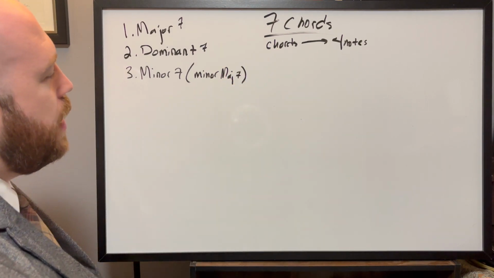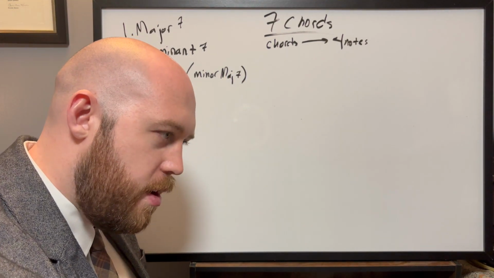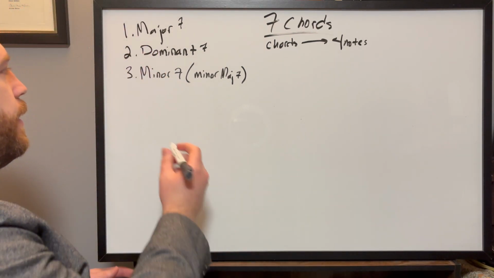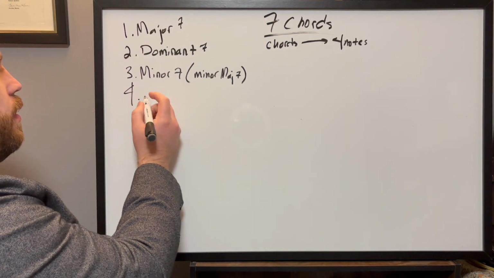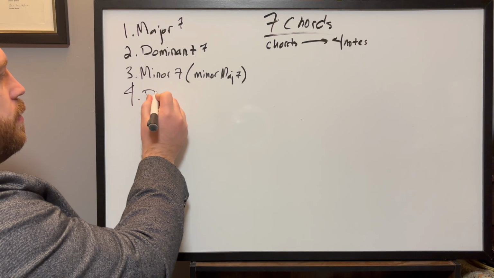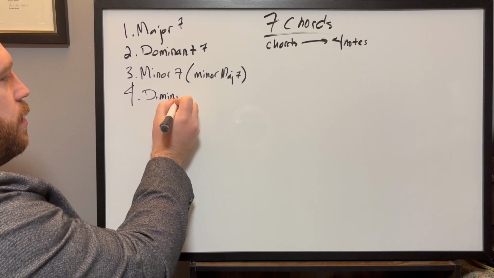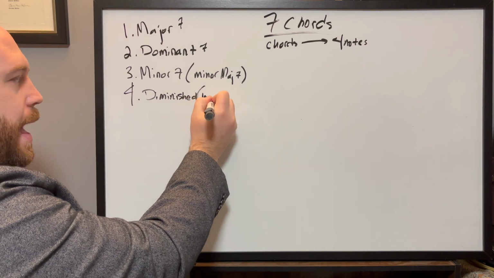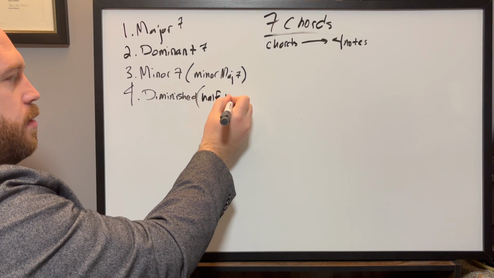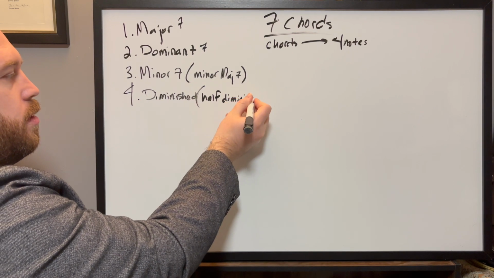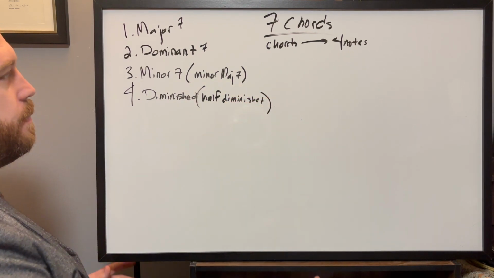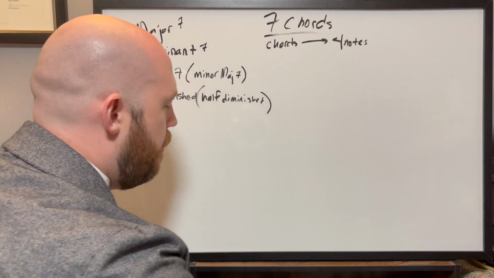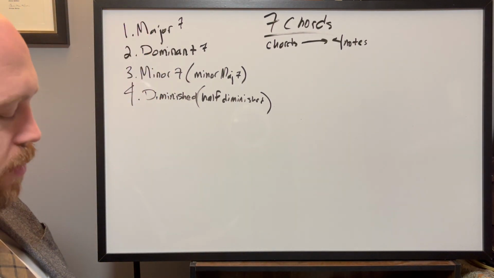And we'll talk about what that is. You don't see it too often. There's a specific use for it. And then 4, diminished, and subcategory half diminished, which is new. Okay, so those are the 4 main categories of 7 chords.